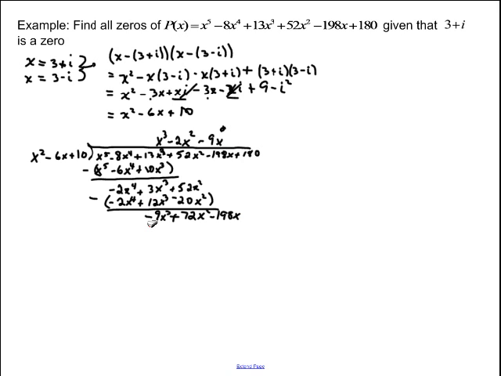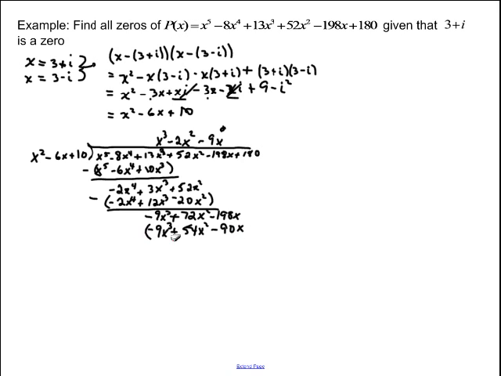Negative 9 is going to go first here, so negative 9x times x squared gives me negative 9x cubed. Negative 9 times 6x gives me plus 54x squared. Negative 9x times 10, that's negative 90x.